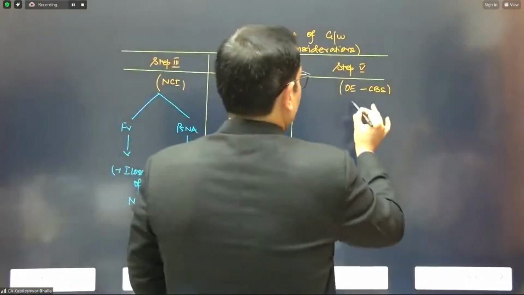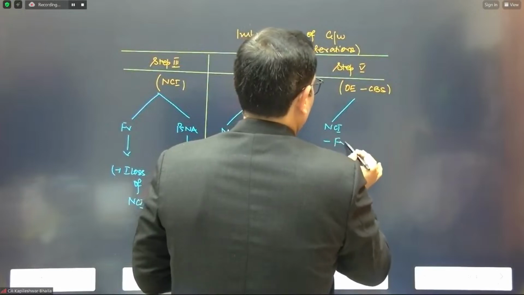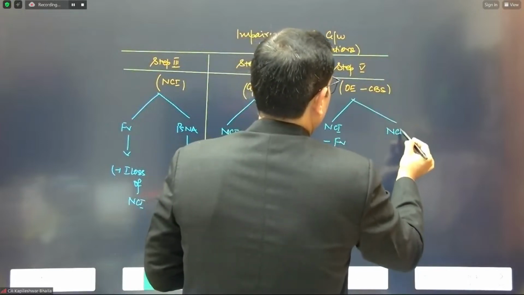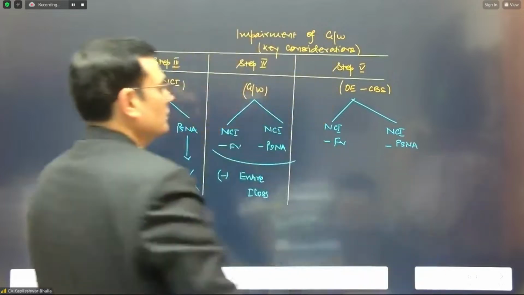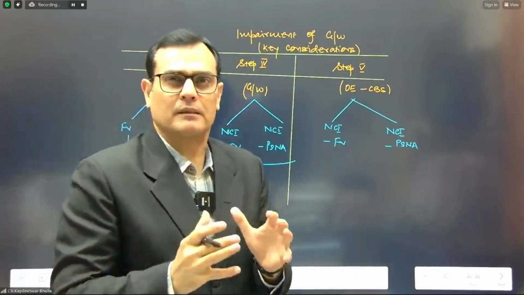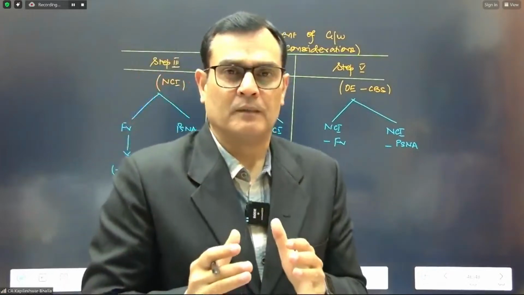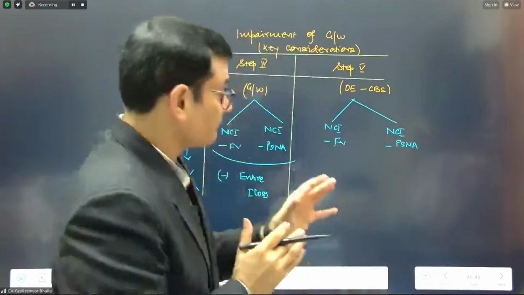And in terms of step number 5, if your NCI is taken at a fair value or if your NCI is taken at PASNA, proportionate share, you need to be very clear which places the goodwill impairment will hit, because that is the mind mapping to be thought of in your minds.